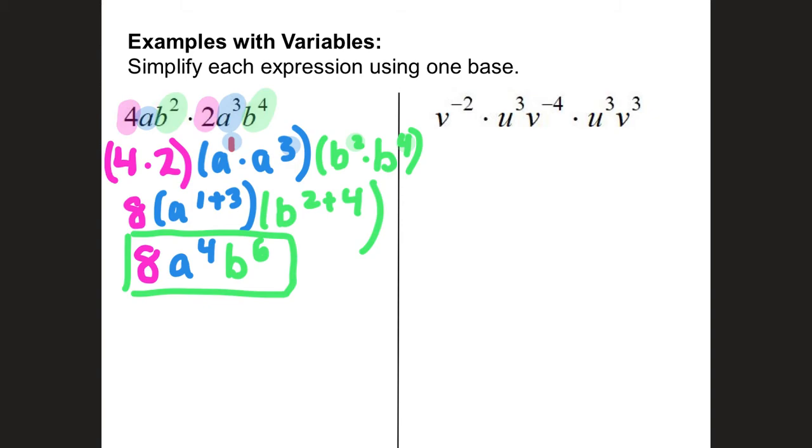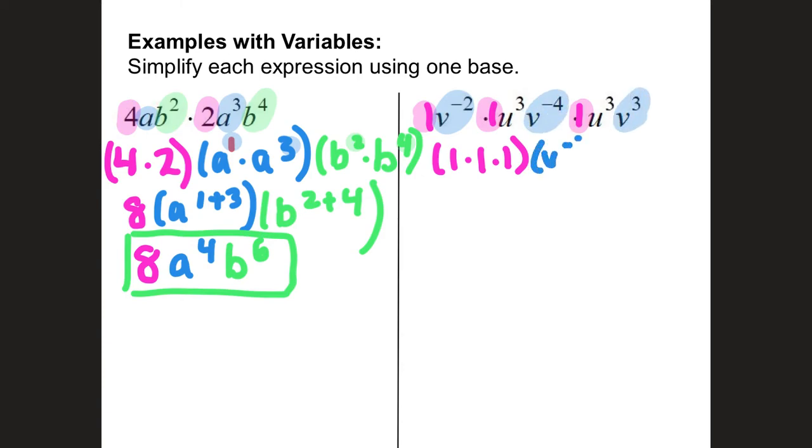In the next one, I again start by multiplying the numbers. However, none of these terms have numbers in front, so I can assume that they all just have a 1. So I can multiply the 1 times 1 times 1, and then I'm looking for the v's next, so I have a v to the negative 2, a v to the negative 4th, and a v to the 3rd.